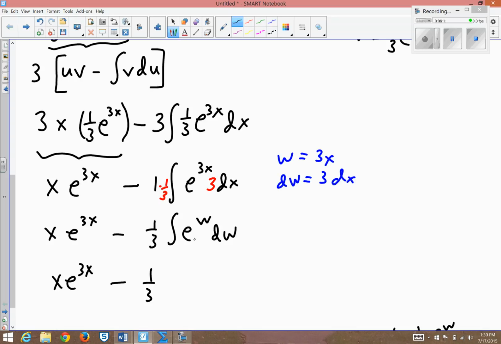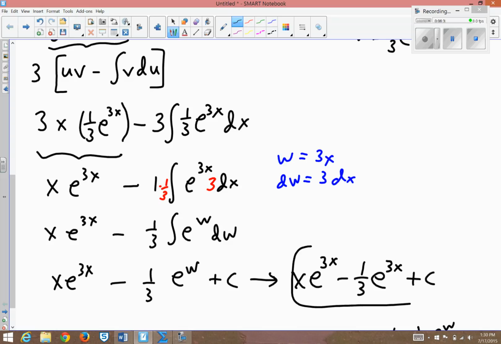And the integral of e to the w dw is e to the w plus c. So I can't leave the final answer with this w. The final answer is copying all of this: x e to the 3x minus 1/3 e to the 3x plus c.